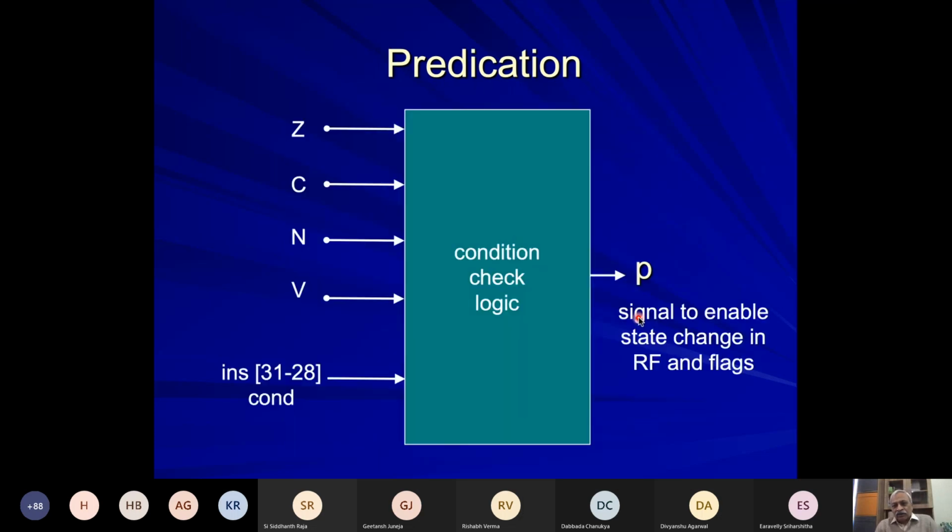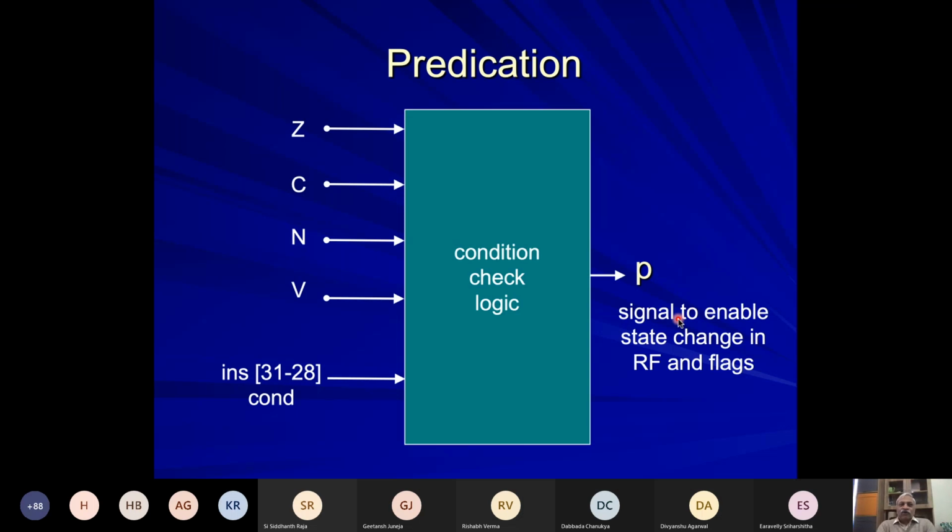Okay, so conceptually you look at this block as getting these 4 inputs. These are coming from 4 flags or flip-flops, 4 bits from the instruction, and it decides P, or the predicate, whether it is true or false. Okay, this we can use to enable execution of the instruction.